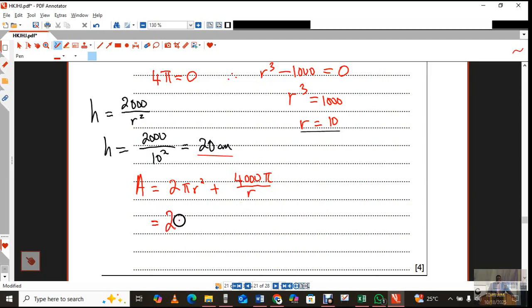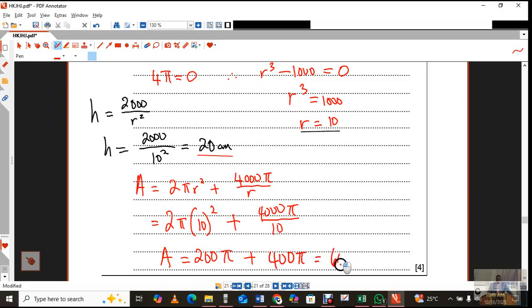So that is 2 pi times 10 squared, plus 4,000 pi upon 10. Now they say you must leave your area in terms of pi. This is 100 times 2, that is 200 pi, and then plus 400 pi.